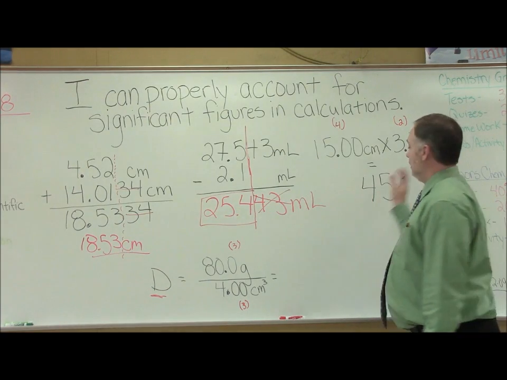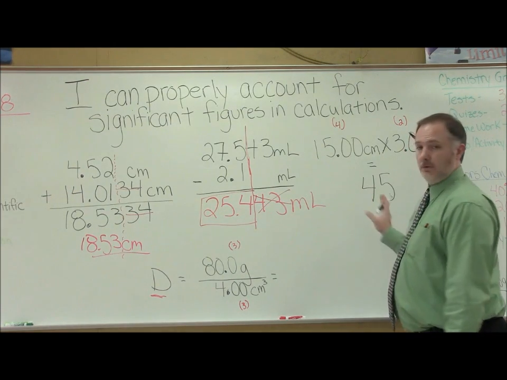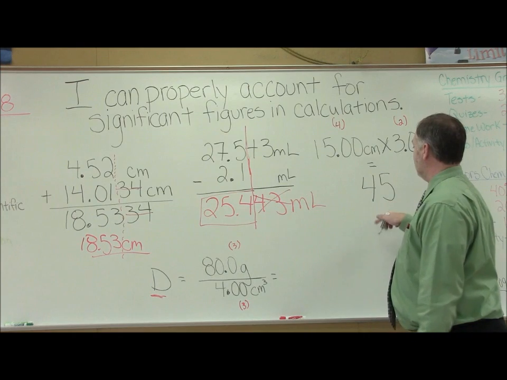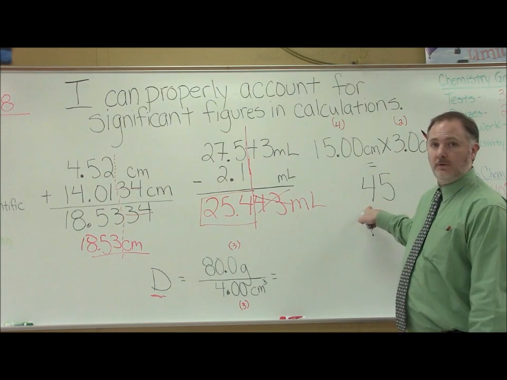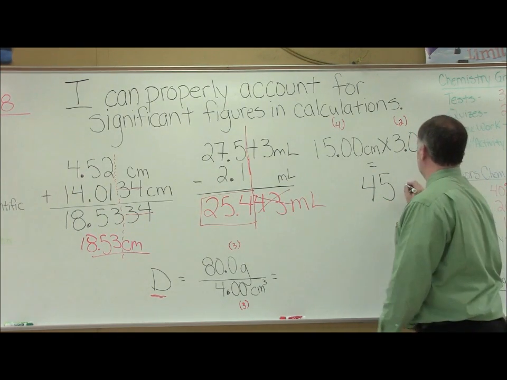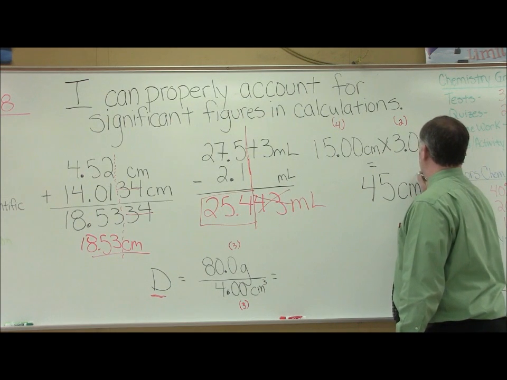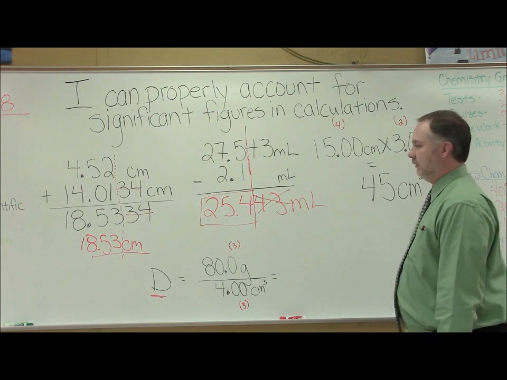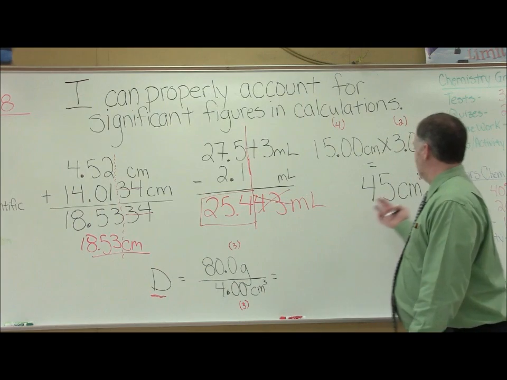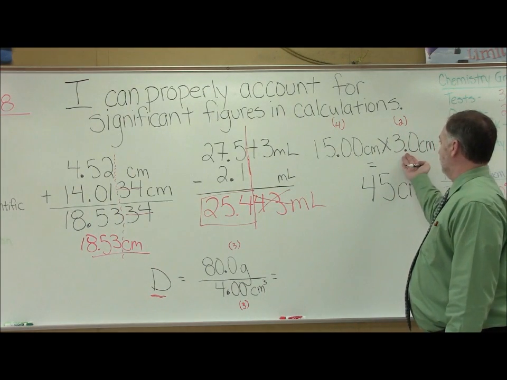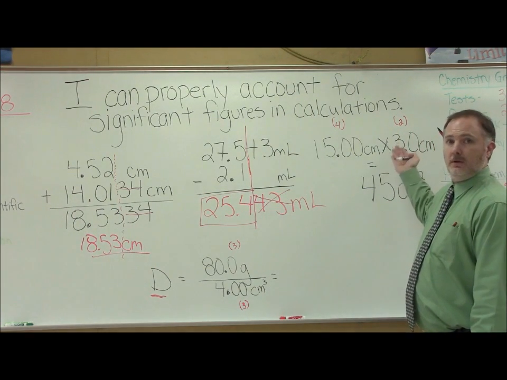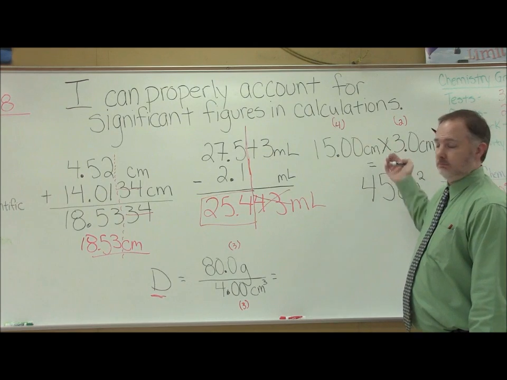I cannot write any more decimal places, 0.0 or anything like that. I have to stop with these 2 sig figs, and that is my final answer, 45 centimeters squared. 2 sig figs here because 2 is the fewest in the problem itself.